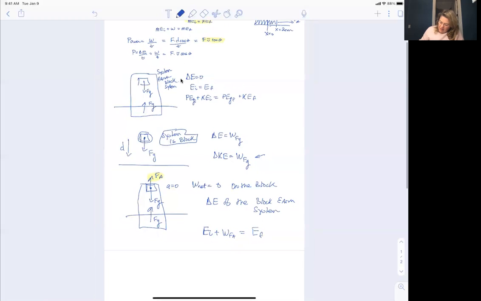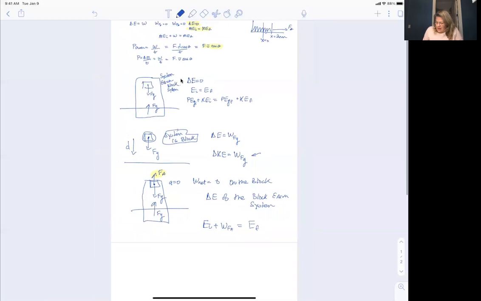And since I now have the Earth as part of my system, I have potential energy due to gravity. We already said the kinetic energy is not changing because it was at a constant speed, so it cancels on both sides of the equation. However, the potential energy due to gravity, if I'm lowering it, is decreasing.